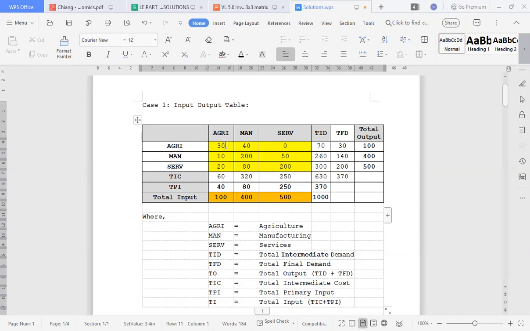So that's 30 divided by 100, 10 divided by 100, 20 divided by 100. The same for this sector as well. So that's 40 divided by 400, 200 divided by 400. Also for services, that's 0 divided by 500, 50 divided by 500, and 200 divided by 500.